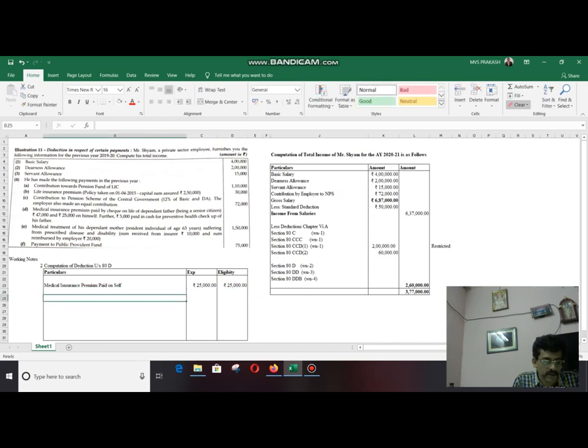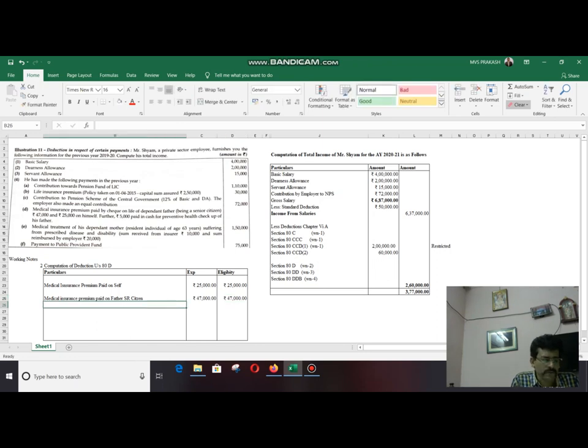Now, any sort of medical insurance premium paid on father being senior citizen, what will we do? Senior citizen ultimately will be allowed to the extent of what? Maximum extent is 50,000. So here the expense incurred is 47,000.